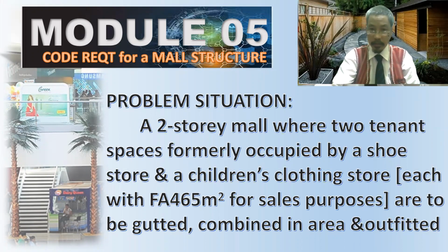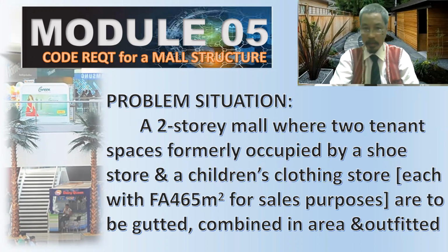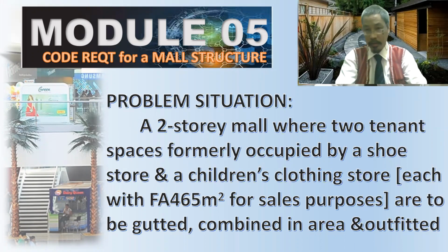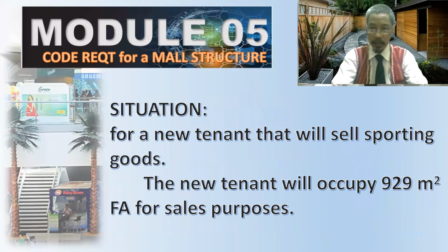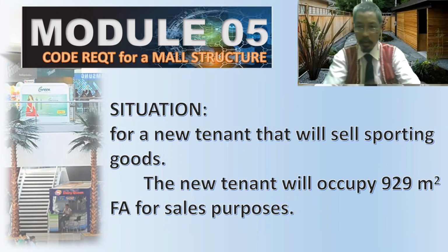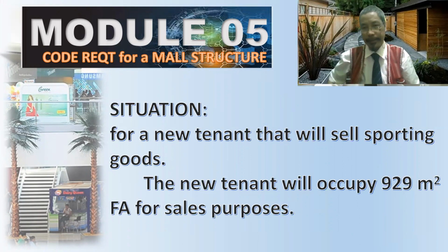So these 2 tenant spaces will be used by 1 tenant, by 1 business. A new tenant that will be selling sporting goods will occupy all of the 929 square meter floor area for sales purposes. So all for sales purposes.